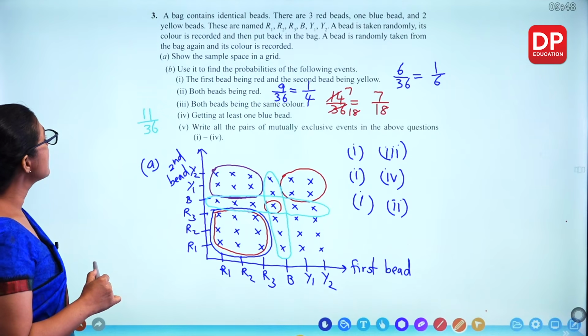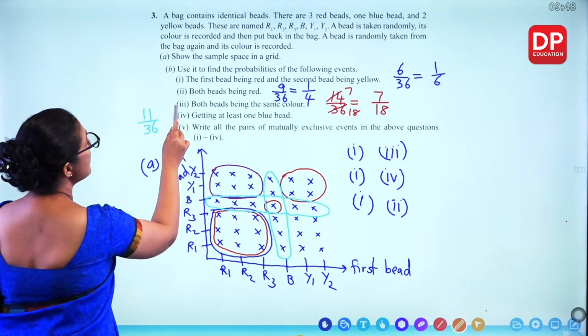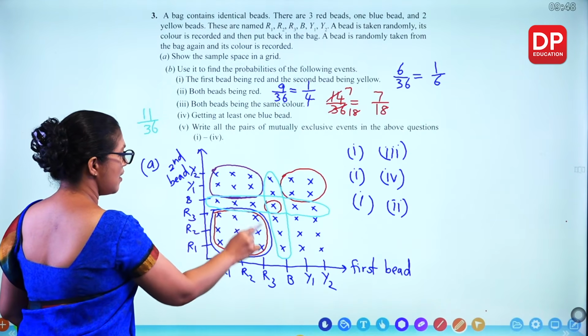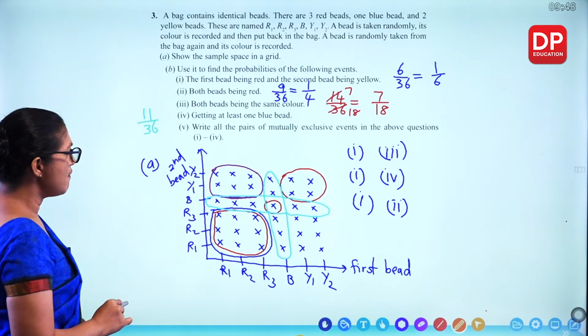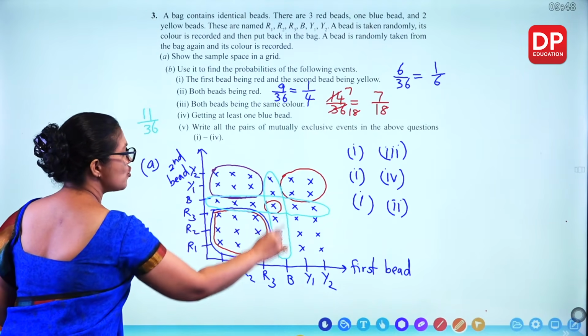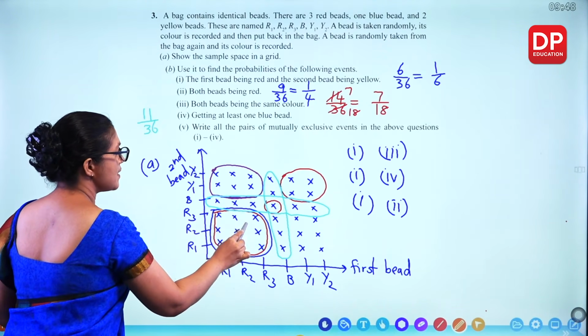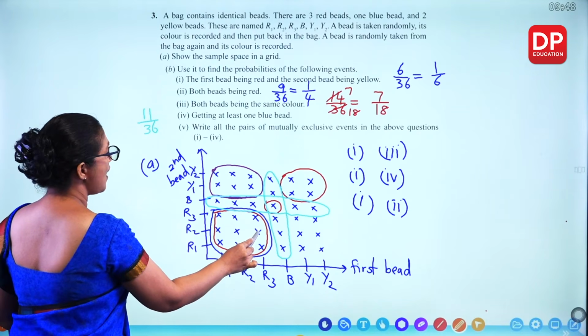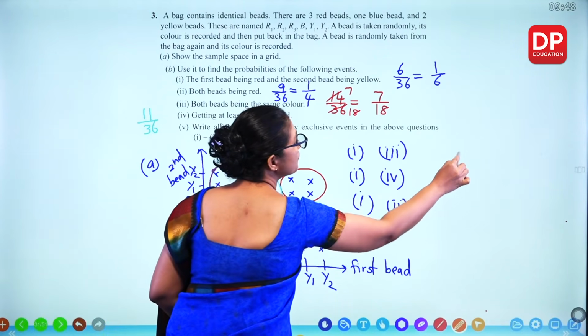Then 2 with, that means blue color and orange color, not mutually exclusive. Blue color with this one, mutually exclusive. No common elements with this one. So blue color is second one with fourth one.